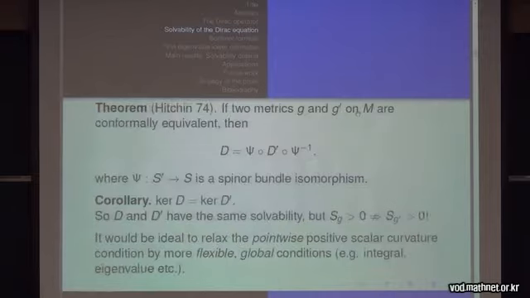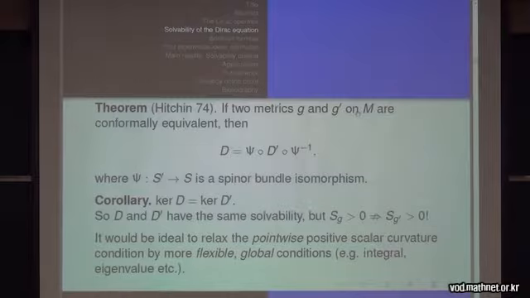Qingchun's theorem says that if two metrics are conformally equivalent, then we have a relation between the corresponding Dirac operators. Here S is the bundle and psi is the bundle isomorphism.